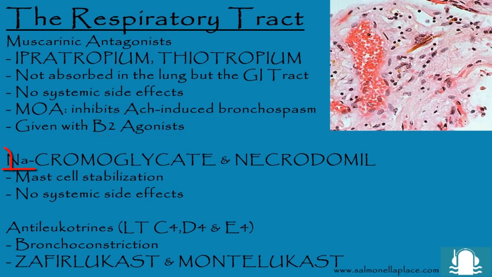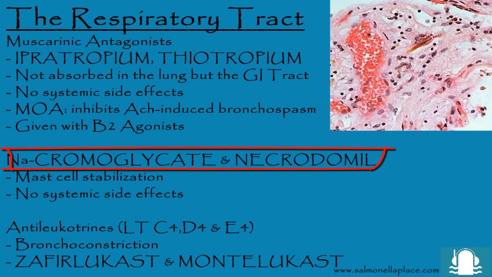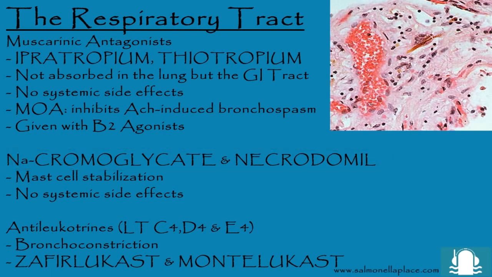Now, sodium cromoglycate and nedocromil, which are used in prophylaxis, are mast cell stabilizers. They're hydrophilic, and they have, as the previous group, no major systemic side effects. However, they are inhaled instead of ingested.